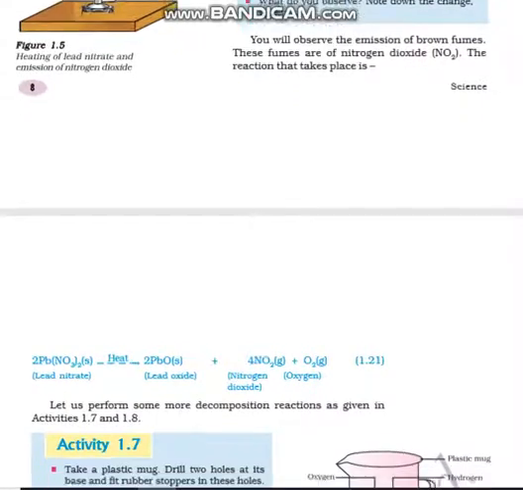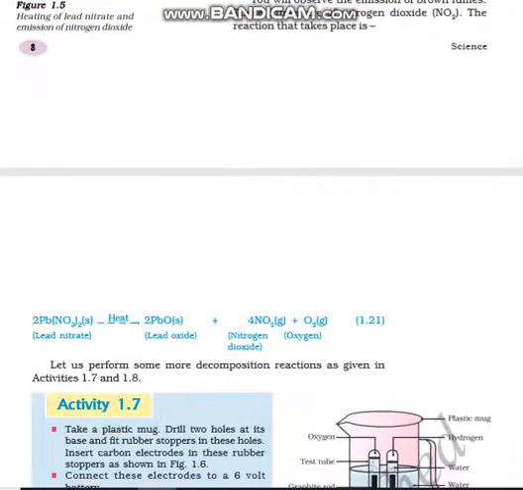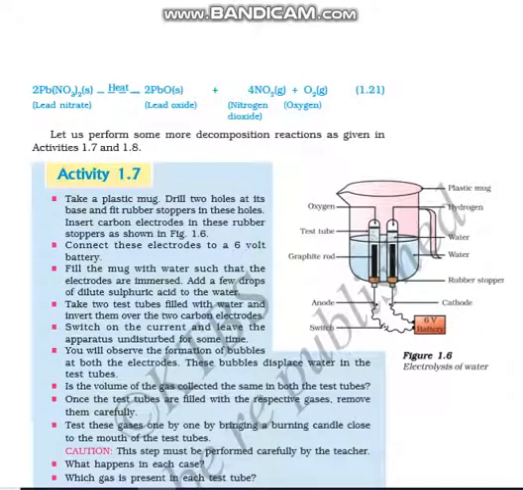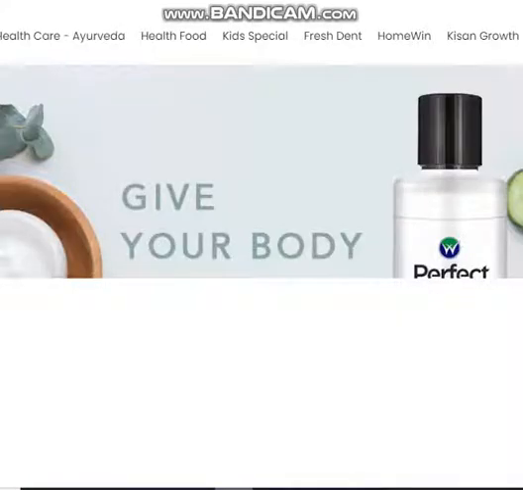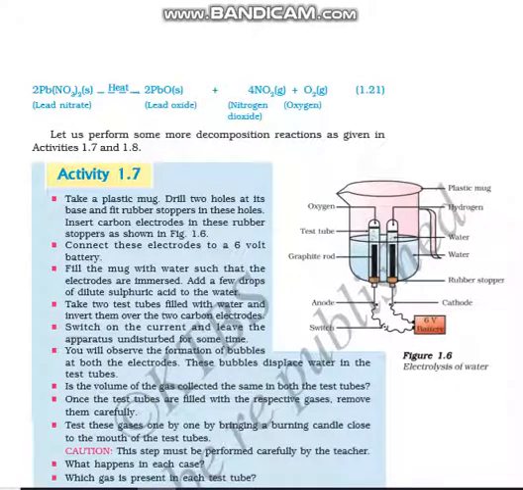Now let us take a third example. Lead nitrate, Pb(NO3)2. It is a compound in which we can find various elements, such as lead, nitrogen and oxygen. Three elements we have, but it is in solid form.